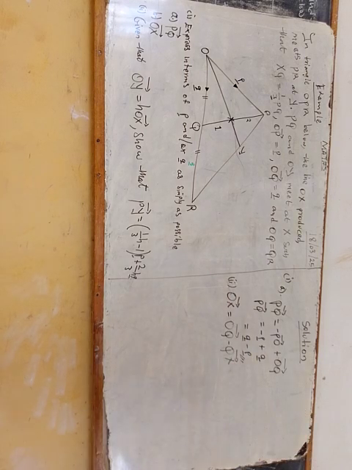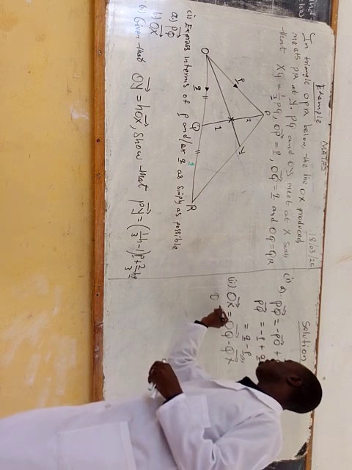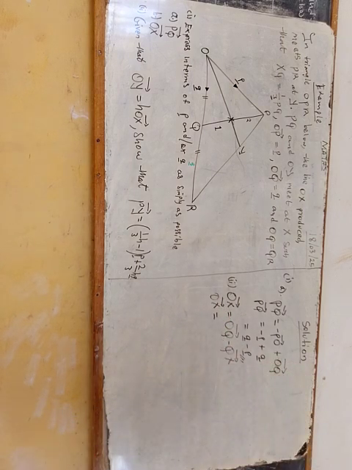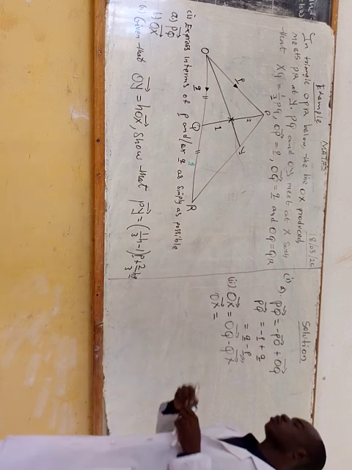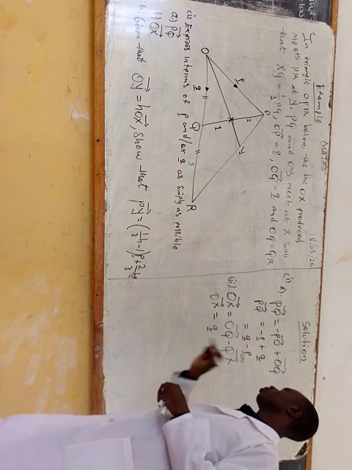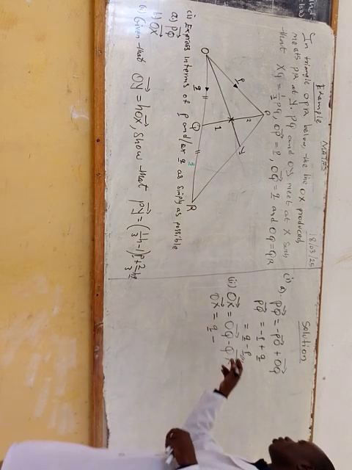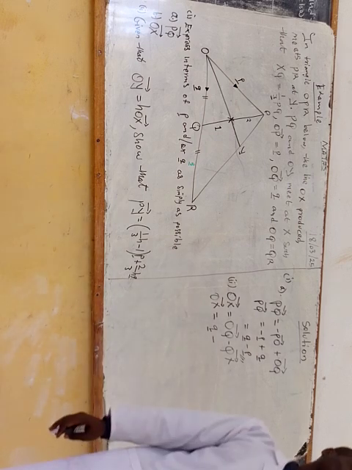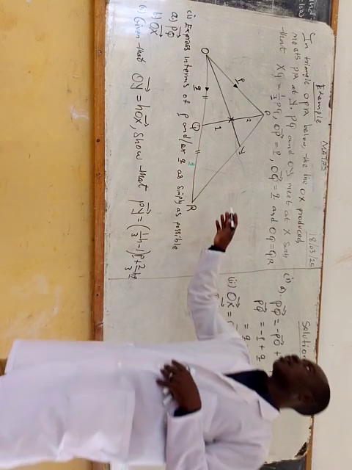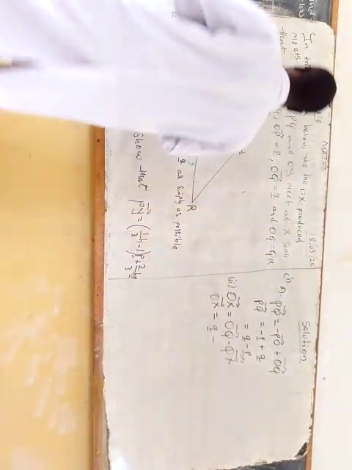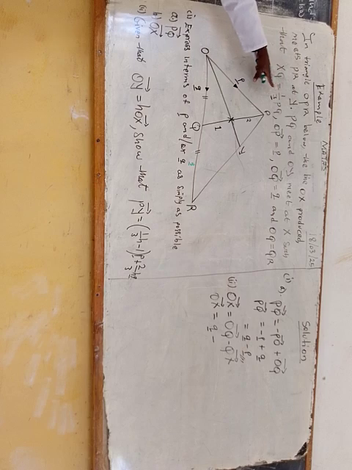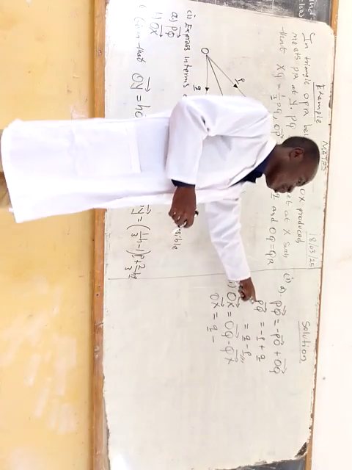So let's have OX equal to OQ. What do we have on OQ? Good, vector Q. Minus, what do we have on QX? We've been given the expression: it's 1/3 of vector PQ. And PQ you have found.